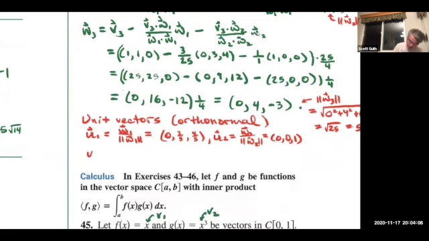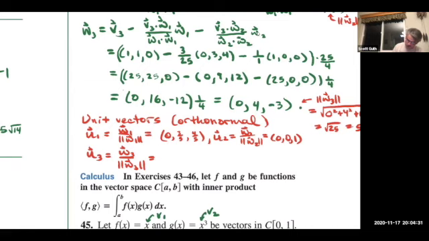And then u3, the third unit vector, will be w3 over the norm of w3, or magnitude if you like that. So w3 was 0, 4, negative 3, and the magnitude was 5.